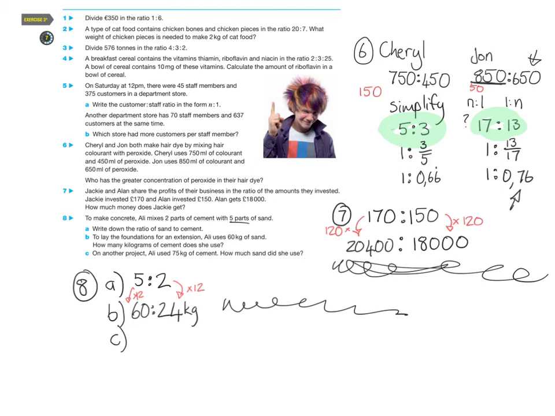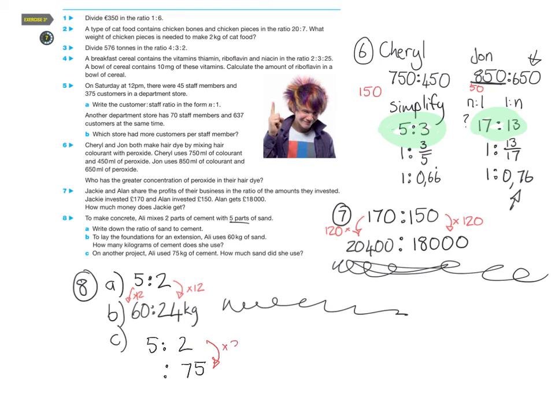So remember, we are using the ratio 5 parts of sand to 2 parts of cement. We're told that it's 75 kilograms of cement, and we need to figure out how much sand she used. Let's once again figure out what we do to get to 75, and by doing that I do 75 divided by 2, which gives me 37.5.